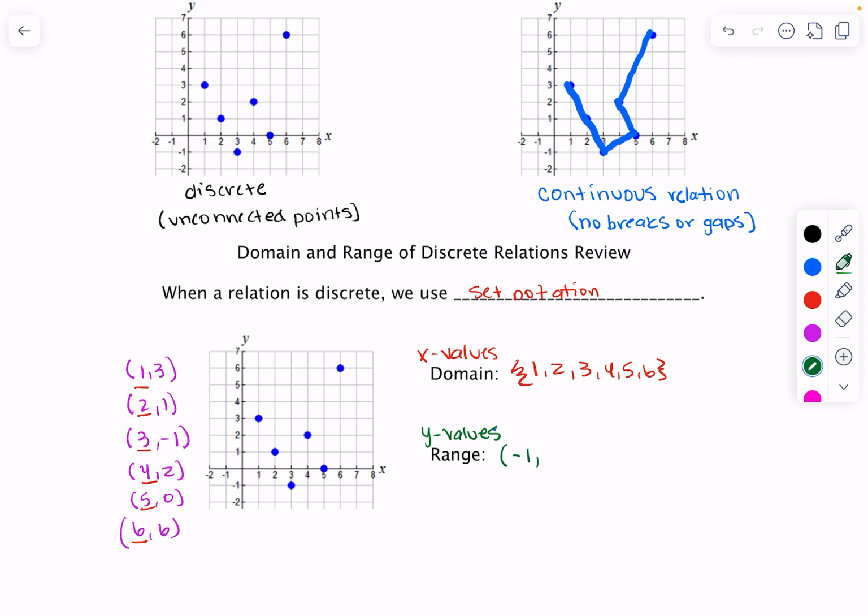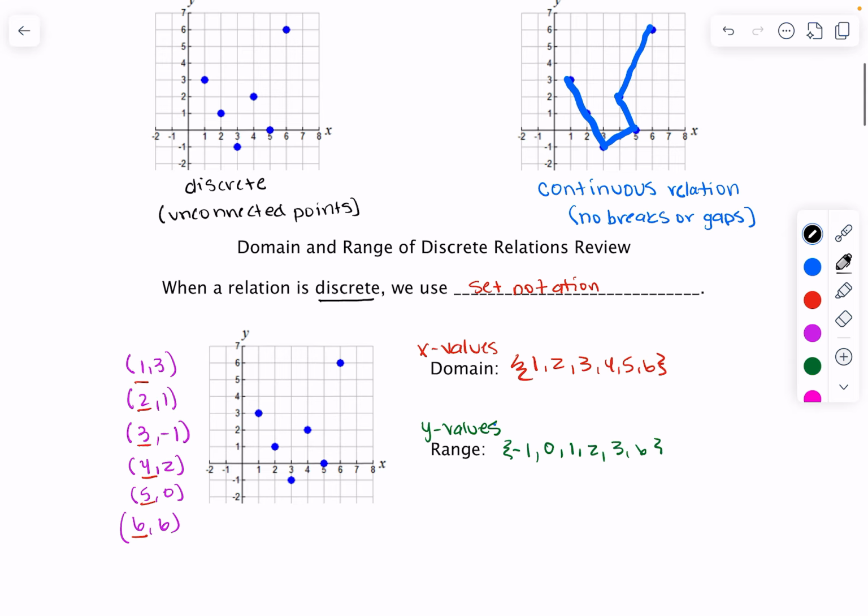We list least to greatest, then 0, then 1, 2, 3, and 6. Now notice I put a parenthesis here. That's a mistake. I should have put a curly bracket as set notation. I was thinking ahead, but we need to use that set notation for discrete. Okay, and I'm going to underline discrete here. That's important. So that's a review from the previous lesson, set notation.